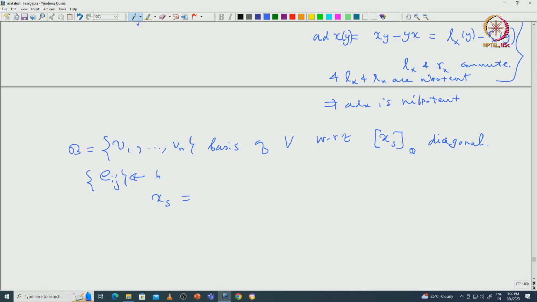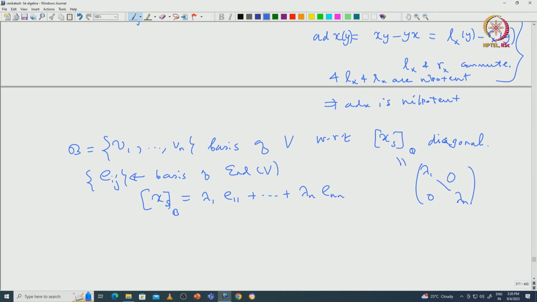So, this is the basis of, let us say, End(V). So, then with respect to that, this x_s, the matrix can be written as lambda_1 E_11 plus etcetera plus lambda_n E_nn, where this diagonal matrix looks like lambda_1, etcetera, lambda_n.